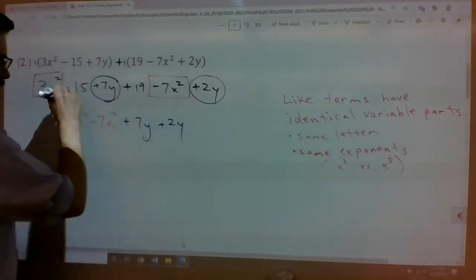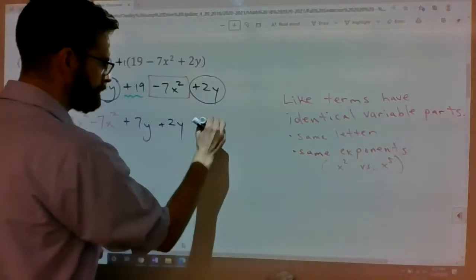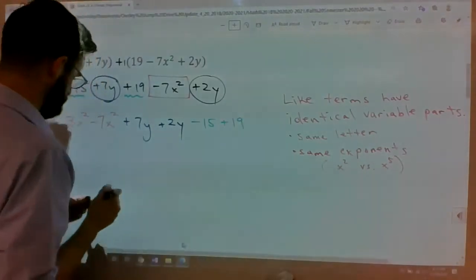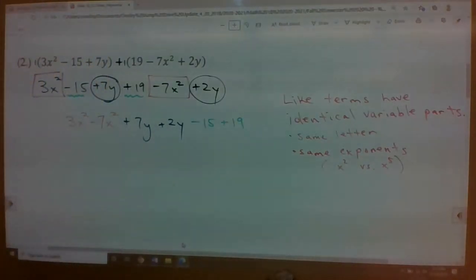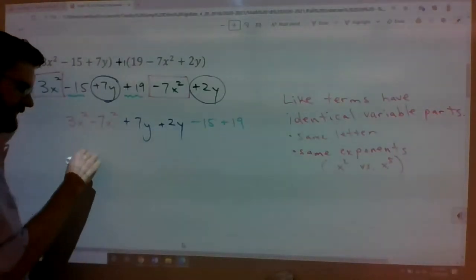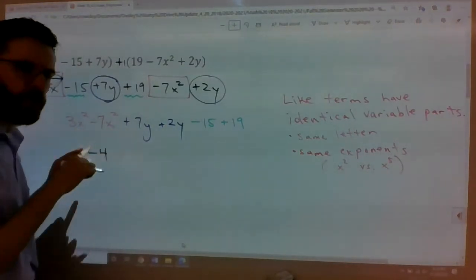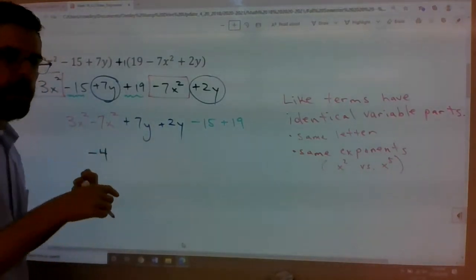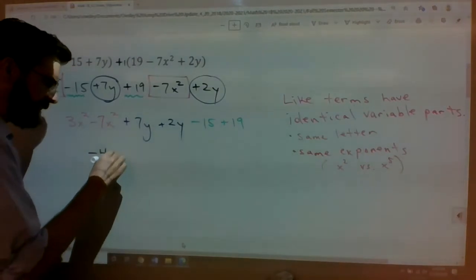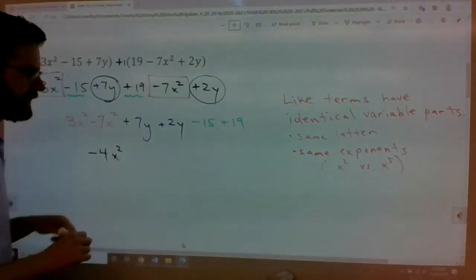And then you've got negative 15 plus 19. Final answer. 3 minus 7 is negative 4. Keep the x squared as is. Don't try to change it to x or x to the 4th. It's still x squared.